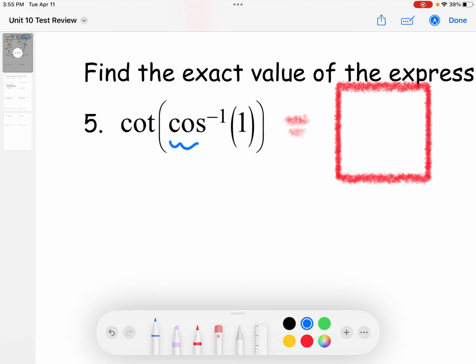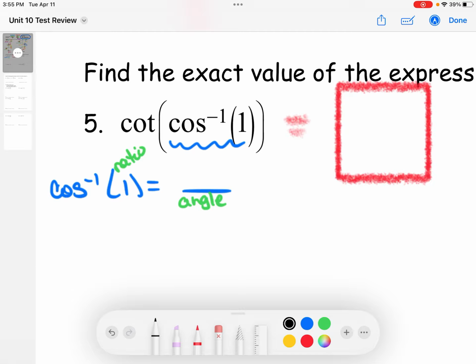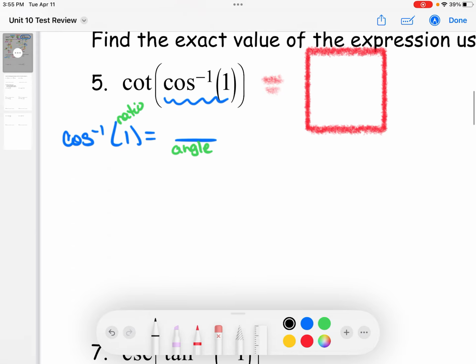So, here, we're going to find cosine inverse of 1, and we're going to get an answer. That 1 being inside an inverse is a ratio. So we're going to find the angle that accomplishes that, and then we will find cotangent of that angle in the second step. So right now, let's work on cosine inverse of 1.